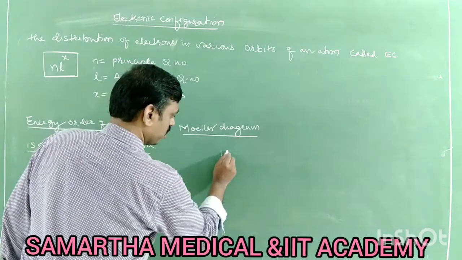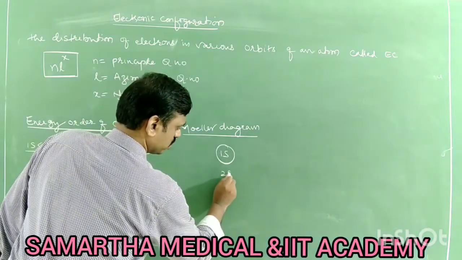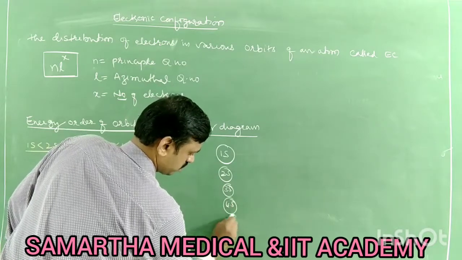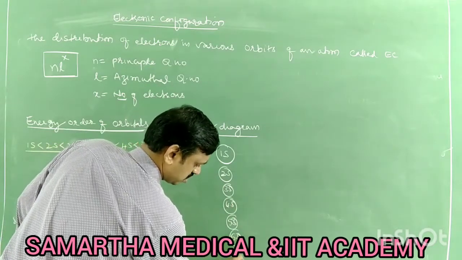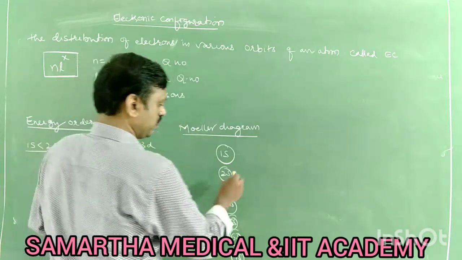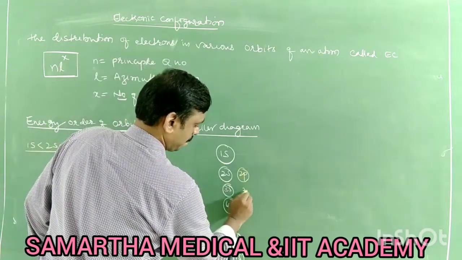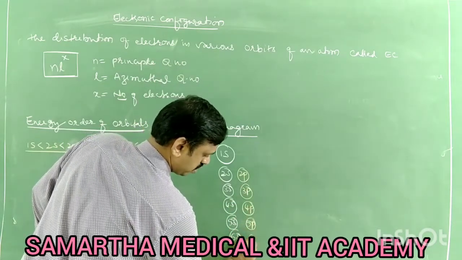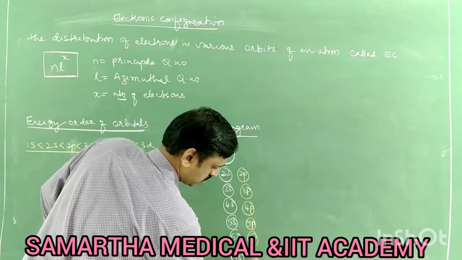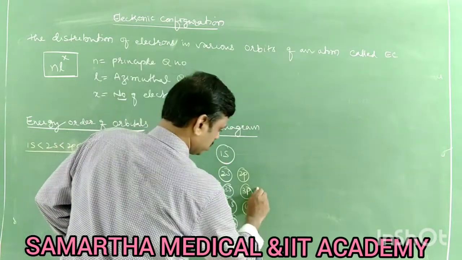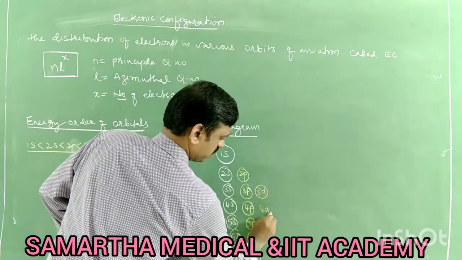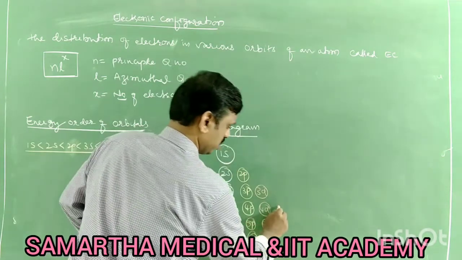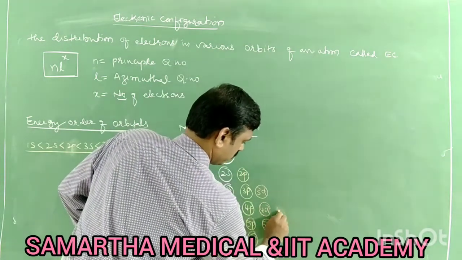In it, 1s has the lowest energy, then 2s, 3s, 4s, 5s, 6s, 7s; next 2p, 3p, 4p, 5p, 6p, 7p; next 3d, 4d, 5d, 6d; and 4f, 5f, 6f.